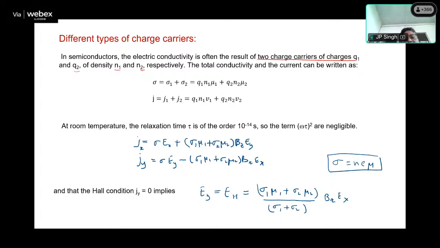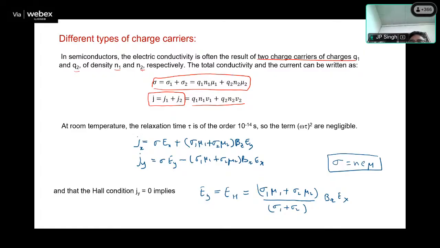Then the total current density will be the sum of j1 plus j2, and I can also write this as j is the sum of q n v. And the conductivity will also be the sum of the conductivity of these two channels. So they will act like two separate channels, electron and holes.